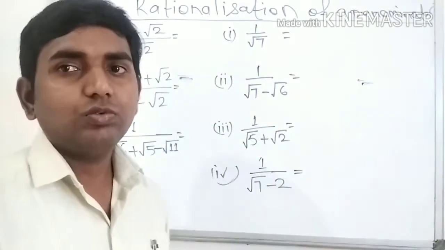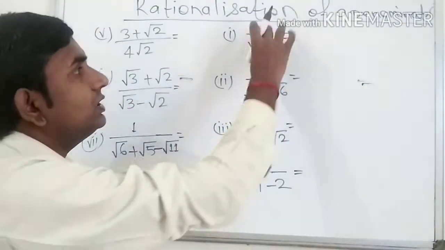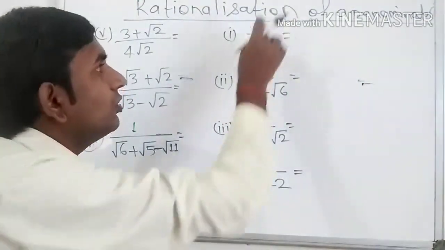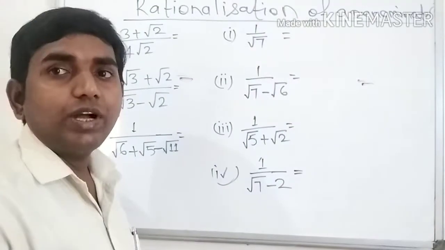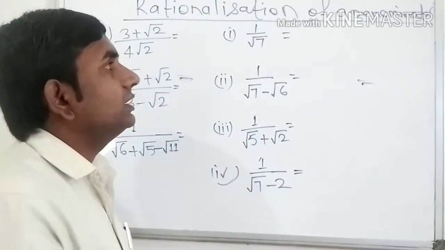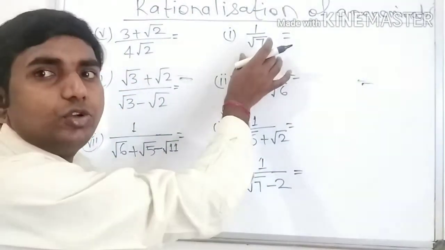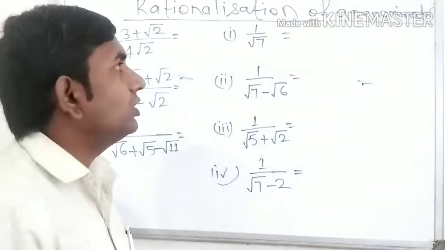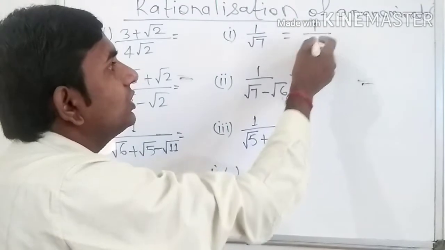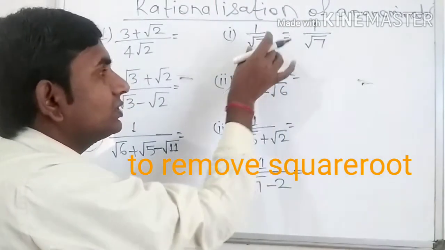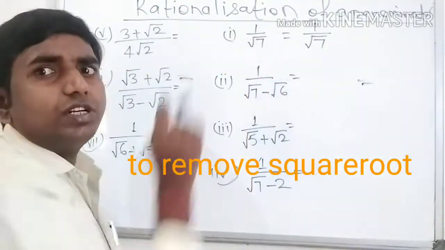Now watch. In the first question it's given 1 by root 7. We want to rationalize it. Here we have root 7 in the denominator, so we have to rationalize this denominator. We have to remove the square root from the denominator.